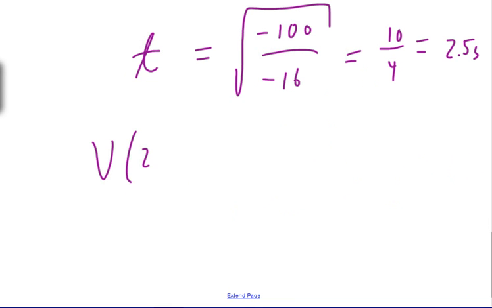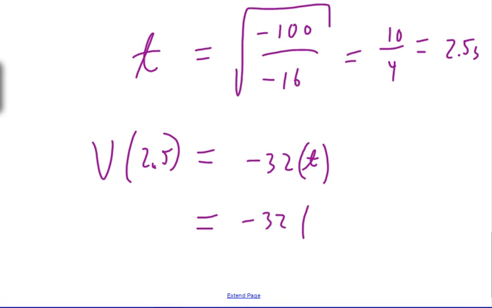My velocity at 2.5 seconds is going to be minus 32t, right, minus 32 times 2.5, which is what? 128? No. 64 plus 16, 80?